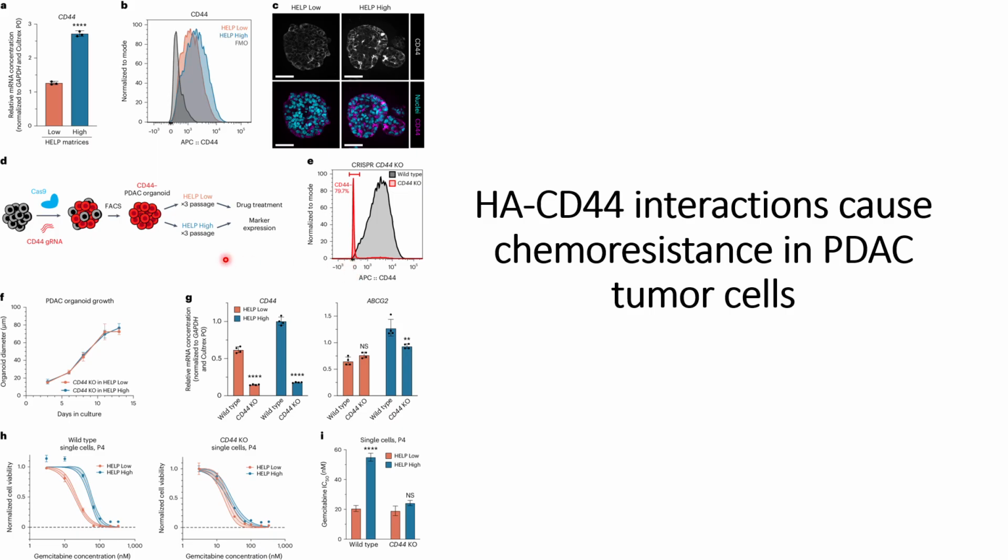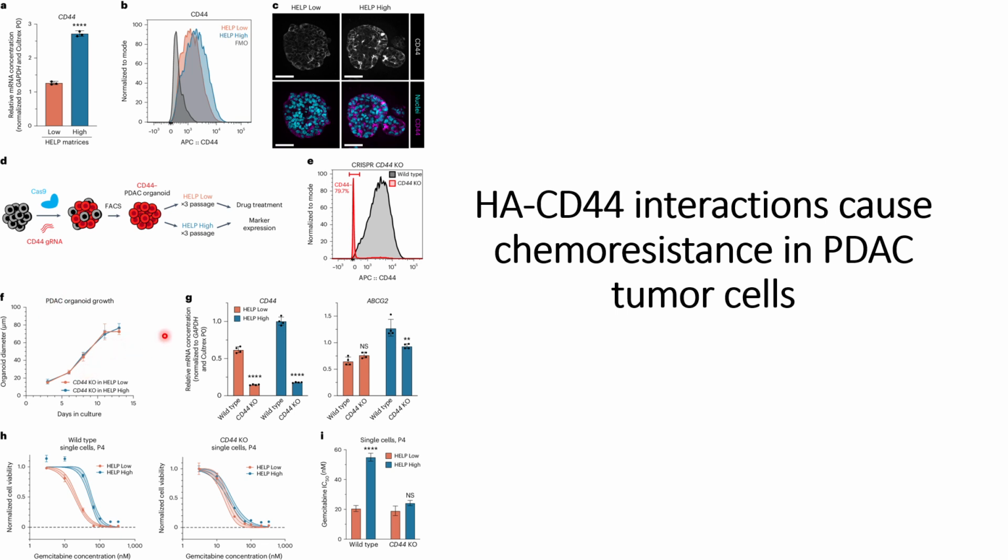And then they cultured this PDAC organoid, in which CD44 is knocked down, in the high HA matrices and the low HA matrices. They found that organoid diameter is similar in both cases, high HA and low HA matrices. That is shown in panel F.